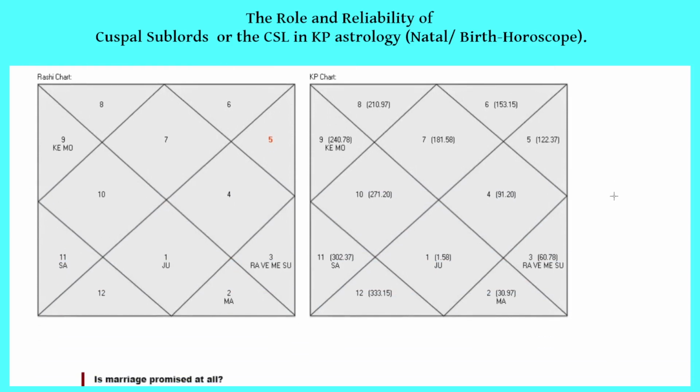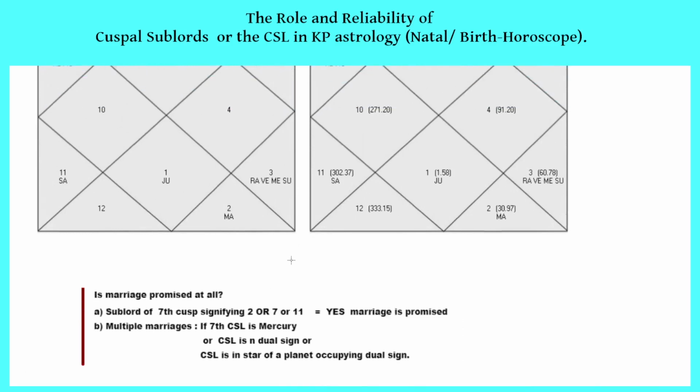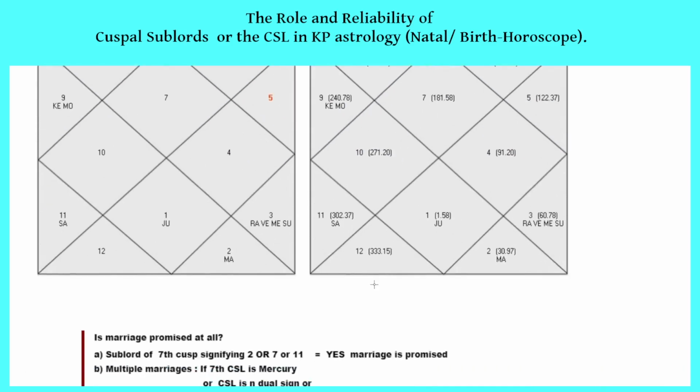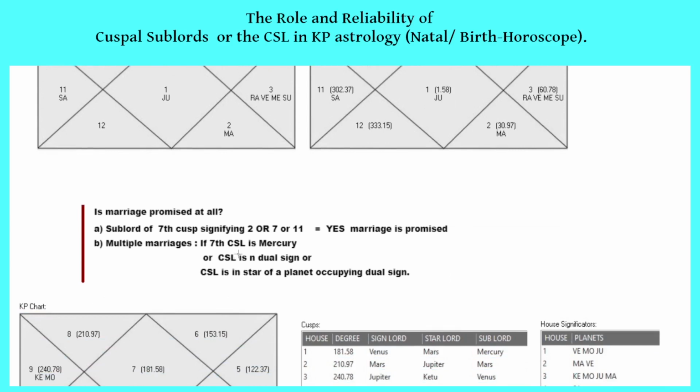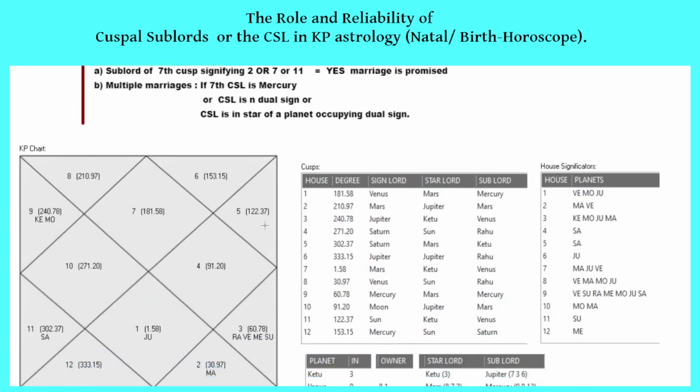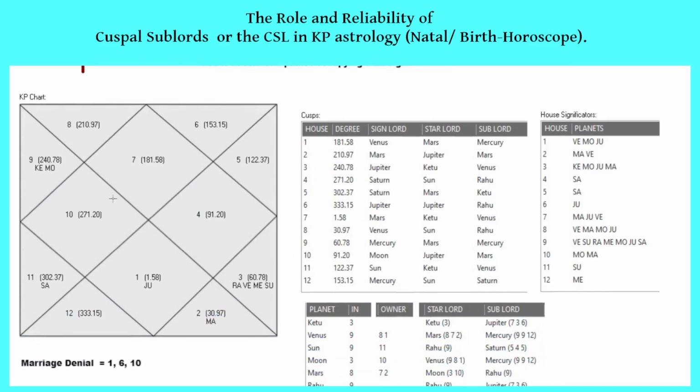Now let's apply the rule. We are looking for the marriage in this chart. The rule is: sublord of the seventh cusp signifying 2 or 7 or 11, yes, marriage is promised. And then there is a rule for more than one marriage. Now I've taken the cusp chart over here, and let's look at the seventh cusp.